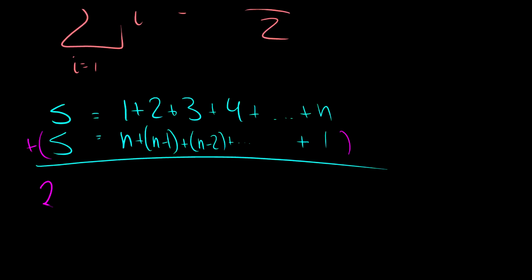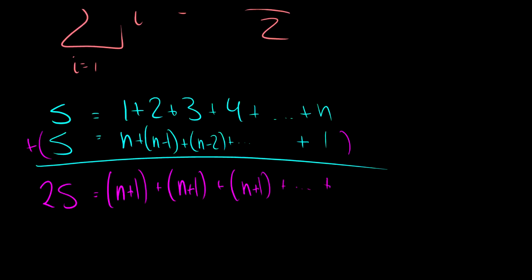So 2s is equal to, well, 1 plus n is n plus 1. n minus 1 plus 2 is n plus 1. n minus 2 plus 3 is going to be n plus 1. So this is going to add up to the last number here, which is n plus 1.